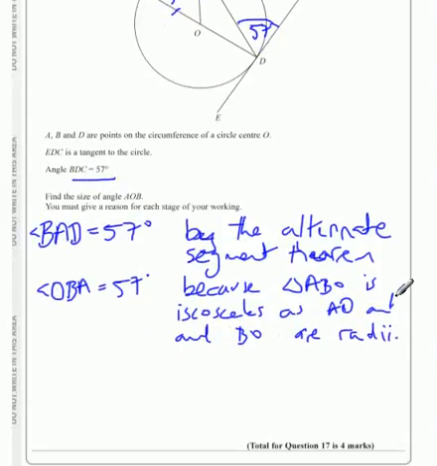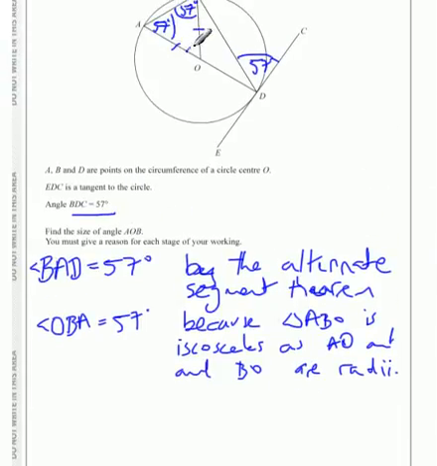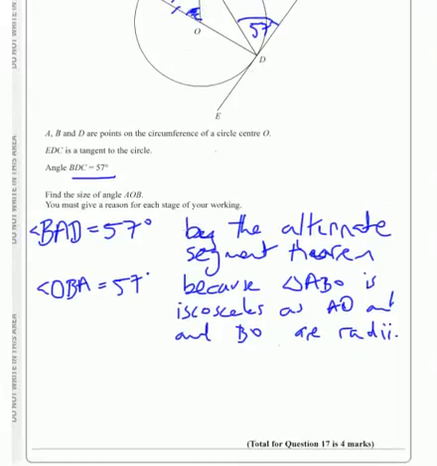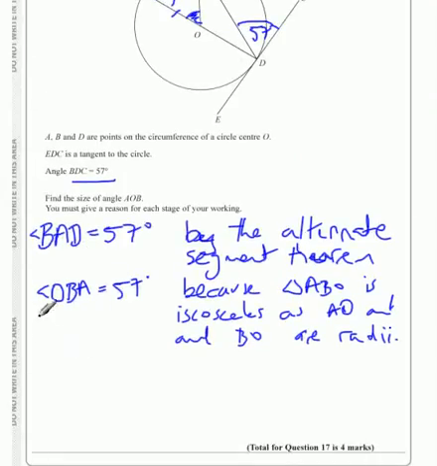Okay, we're pretty much there now because we just need to work out angle AOB, so that is this angle here. So by angles in a triangle, we can do 180 minus the two angles we've just worked out, and work that out.